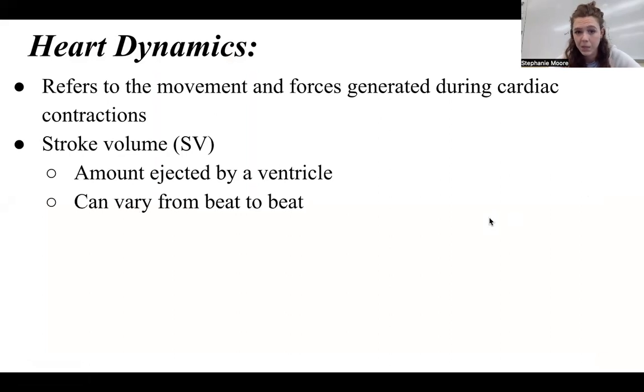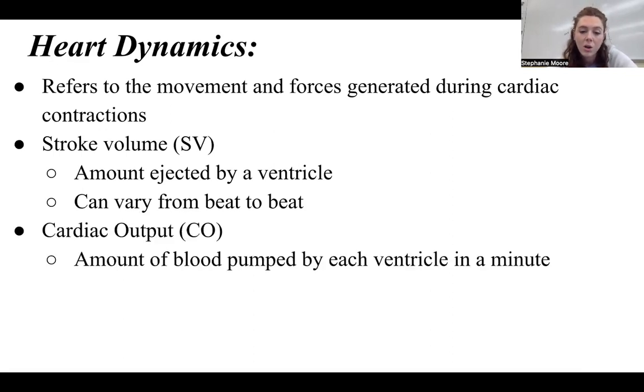This can vary beat to beat. Okay? The main one that I'm going to care about whenever I'm thinking about heart dynamics and looking at somebody, are they able to maintain homeostasis, is going to be cardiac output, or CO. Cardiac output is the amount of blood pumped by each ventricle in a minute.